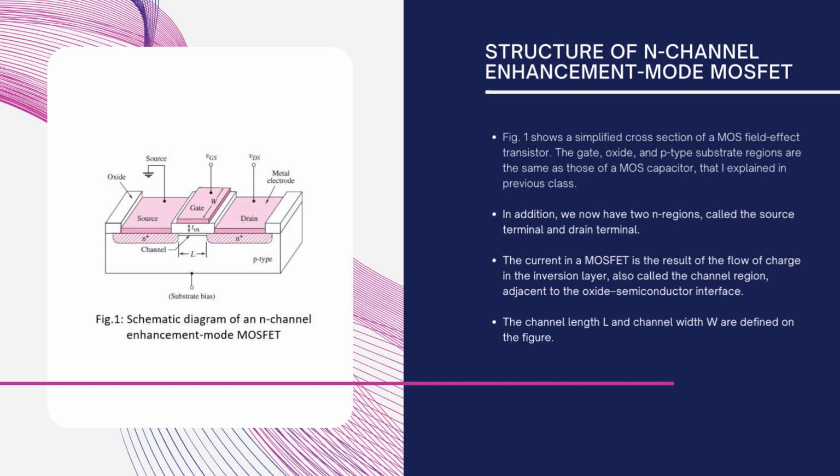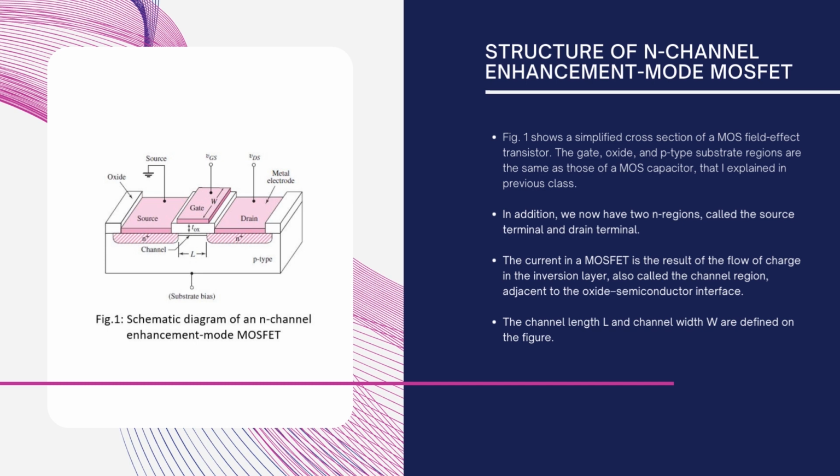If N plus is written, that means that area is heavily doped. If P plus had been written, then it would be P type heavily doped. Here it is written as N plus, so there will be N type doping and the doping will be high.